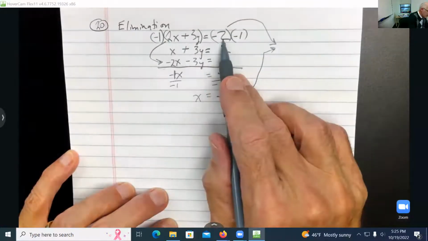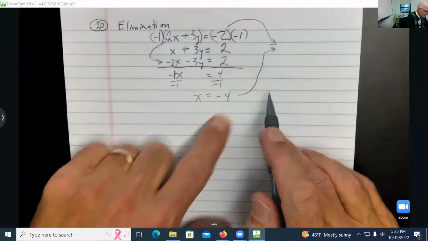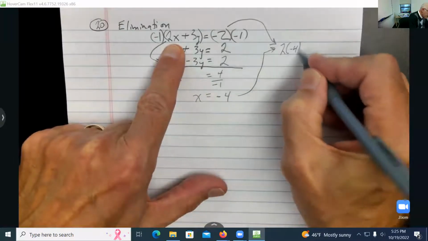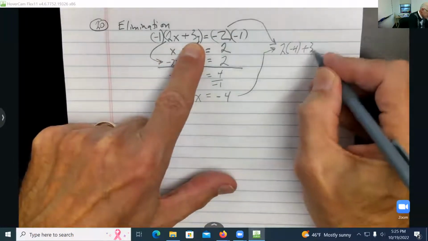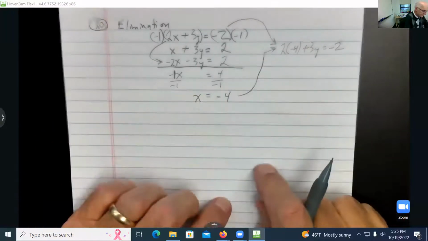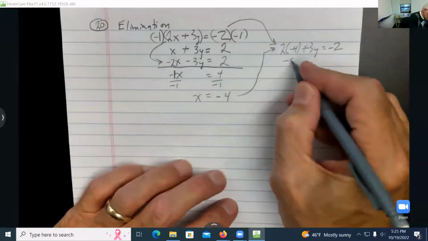I think I'll use the first equation. You can use either equation. -4 goes in for x. I don't know y yet. I'm using the original equation. 2 times -4 is -8.